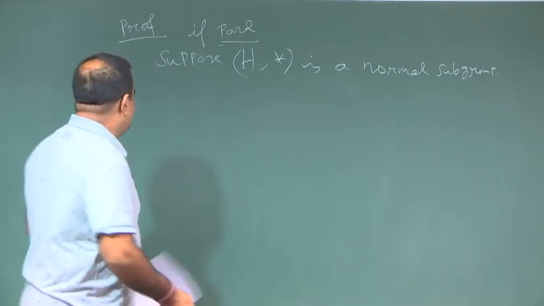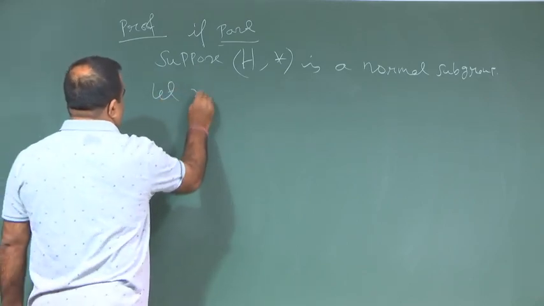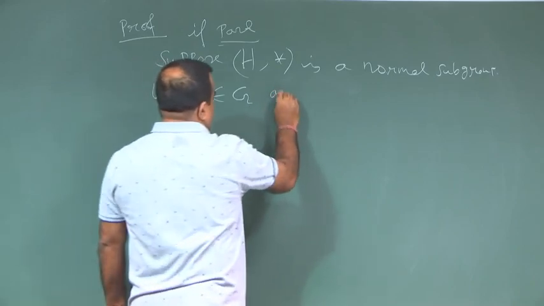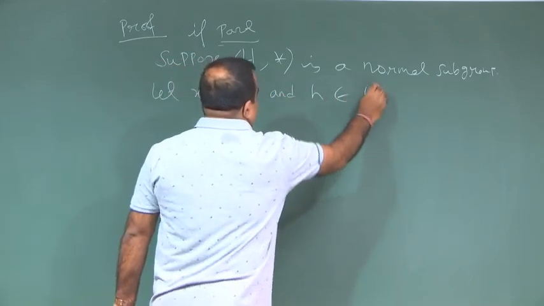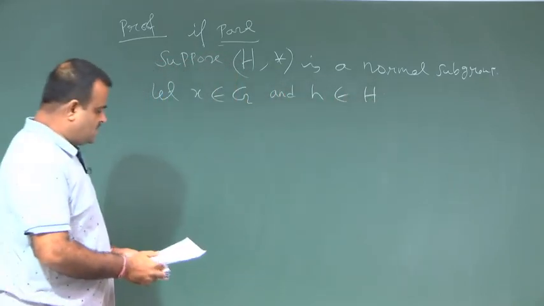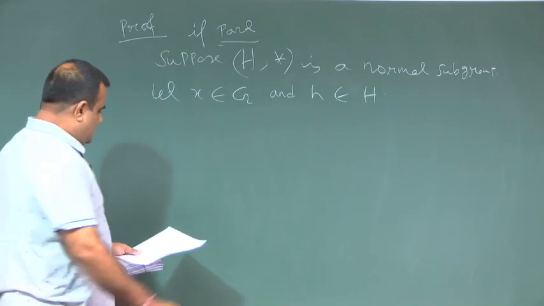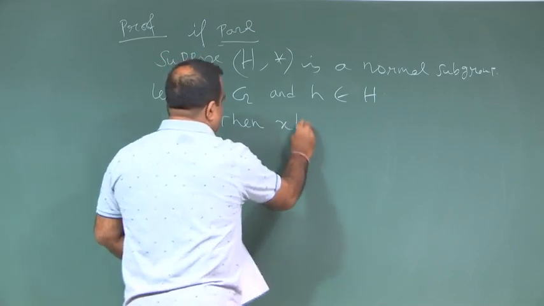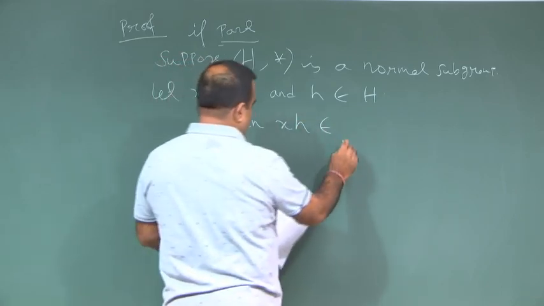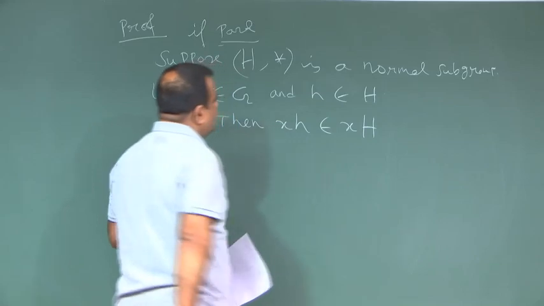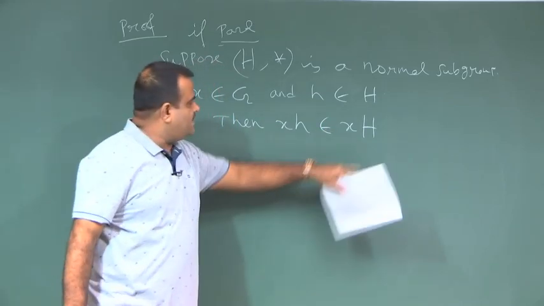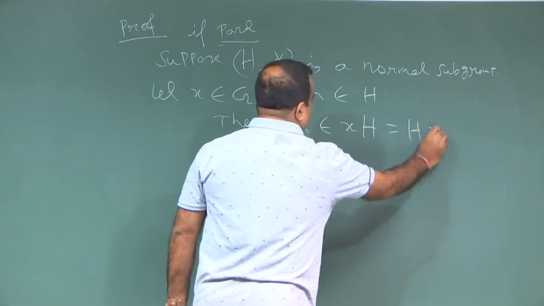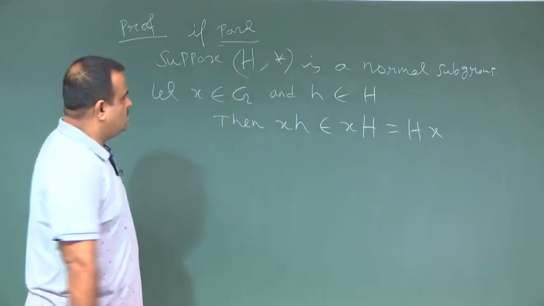Then we take an element x from G and an element h from H. Then xH belongs to xH, x capital H, which is the same as Hx, because this is a normal subgroup.